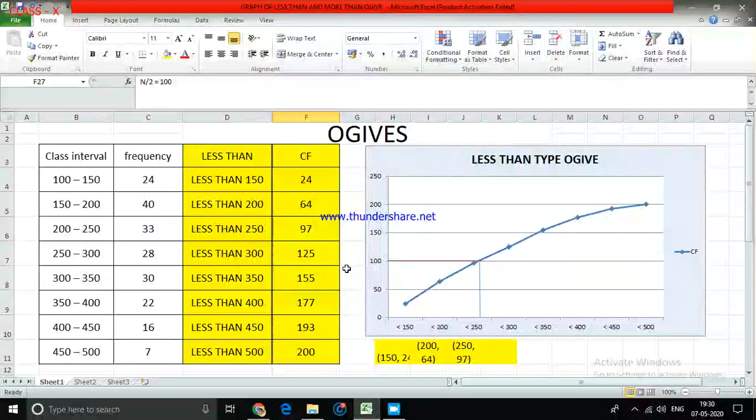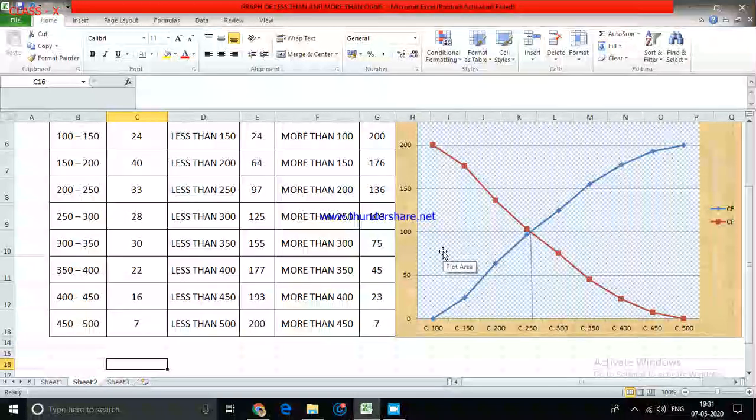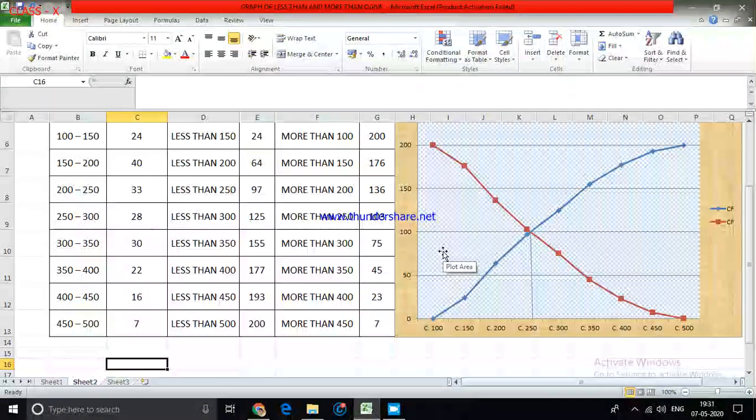They may ask you to convert into more than type, then find the median. Then no need to do the less than type. If they ask only less than, don't bother about the more than. If they ask only more than, no need to bother about less than. But if they ask both less than and more than ogive, then this is the question you have to solve.